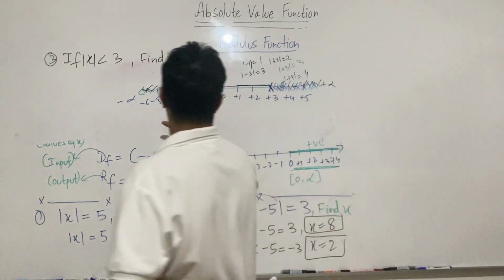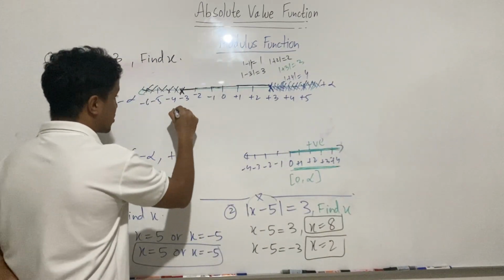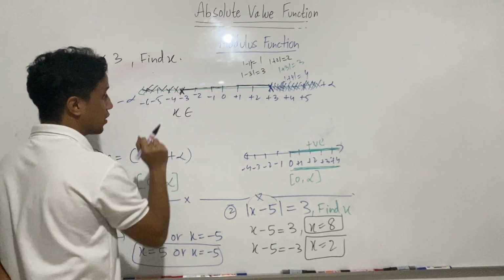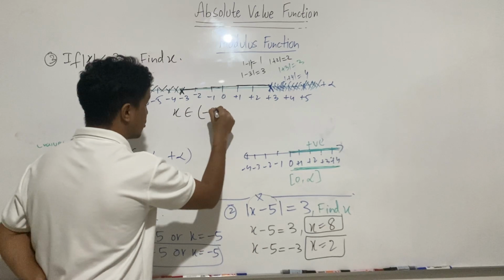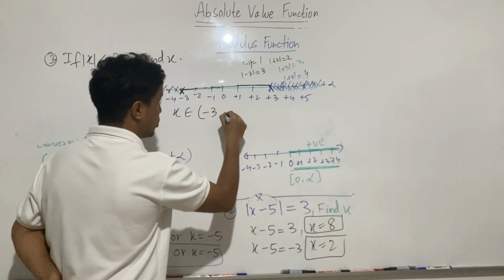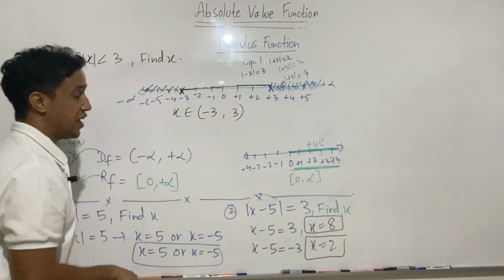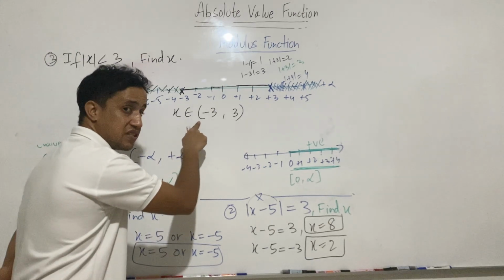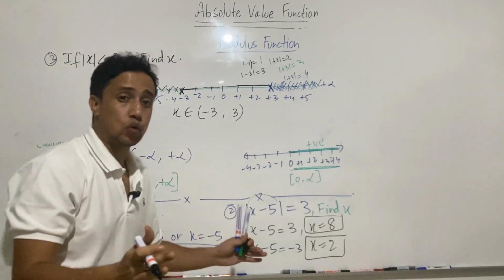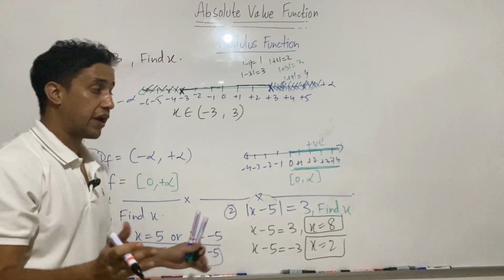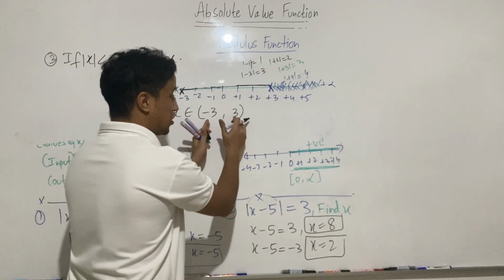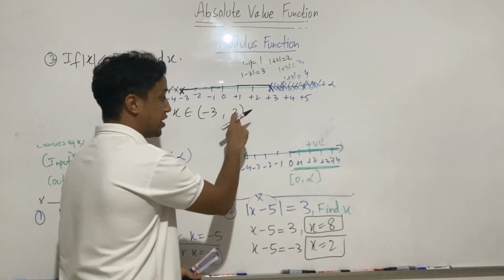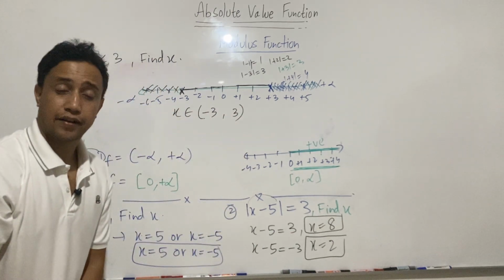So your x will be, x belongs to minus 3 to 3. Now see here, this is a bracket of exclusion, meaning everything between minus 3 and 3, but minus 3 and 3 not included.